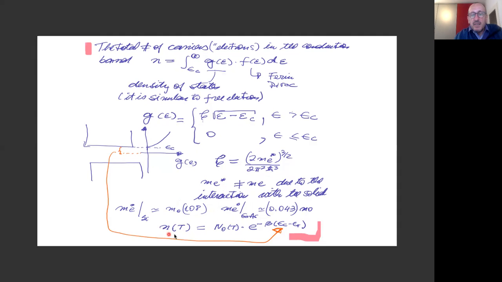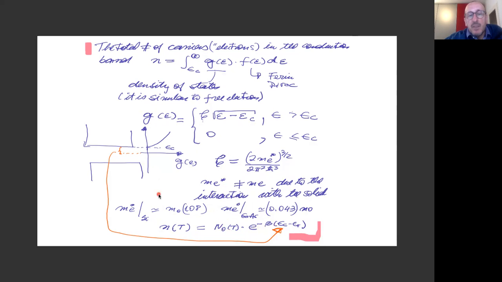The only thing that really counts is this total expression. The n of T here, the number of electrons that you actually find in the conduction band, has a prefactor that is almost constant as a function of temperature. You can call it a naught, and this is the exponential factor that is the ruling thing. This is e to the minus beta, meaning the conduction band energy minus the Fermi energy, divided by kT.